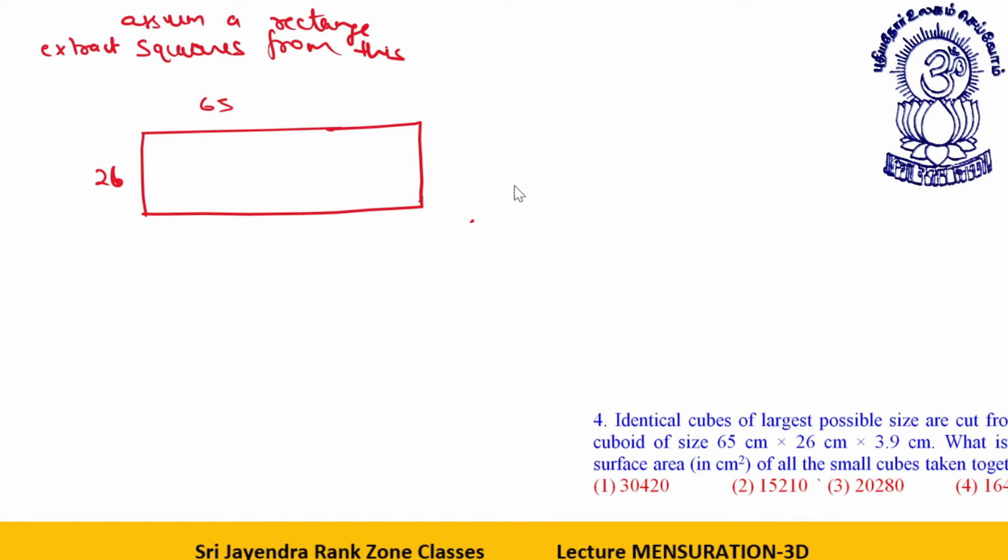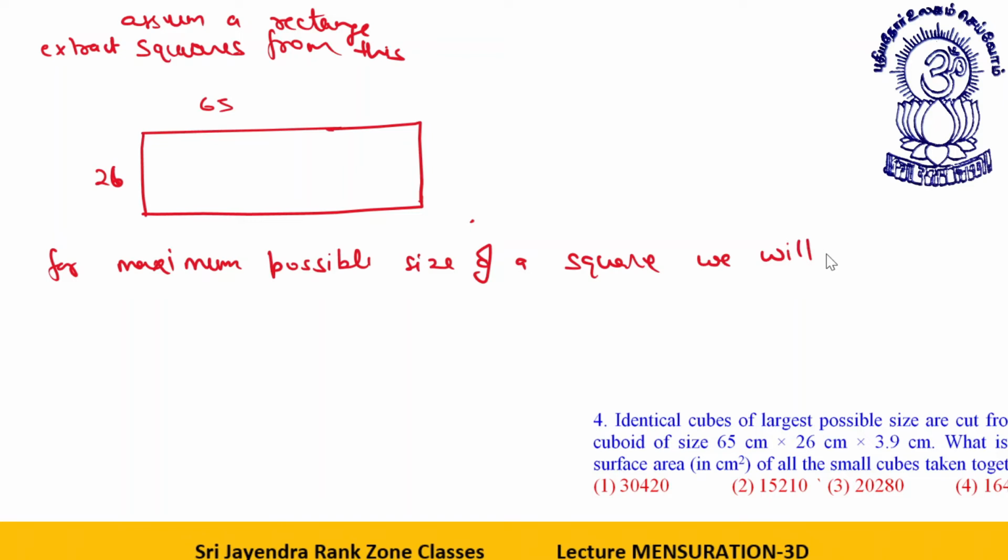So for the maximum possible size of a square, what we will do, we will take the HCF of 26 and 65. Getting it? See, if I take the HCF, what will happen?